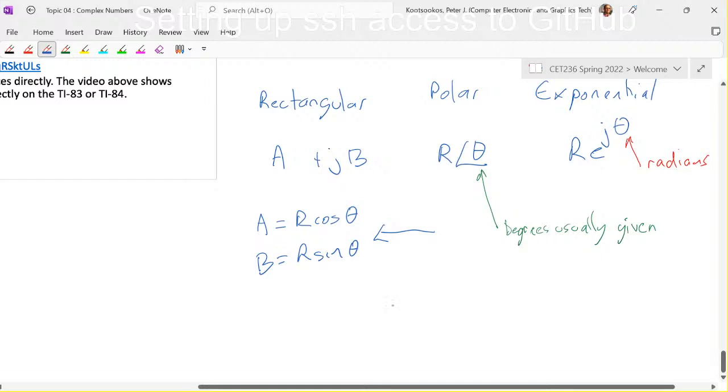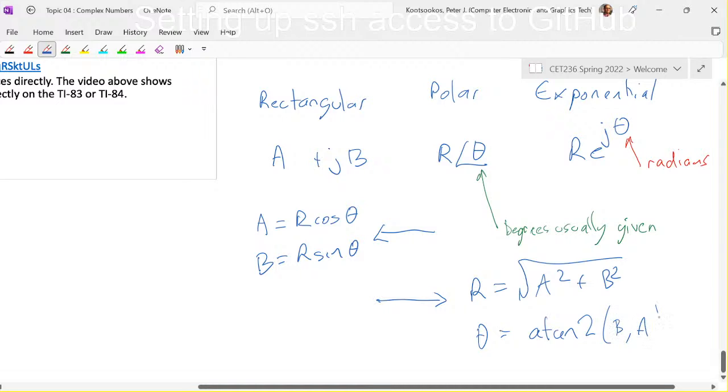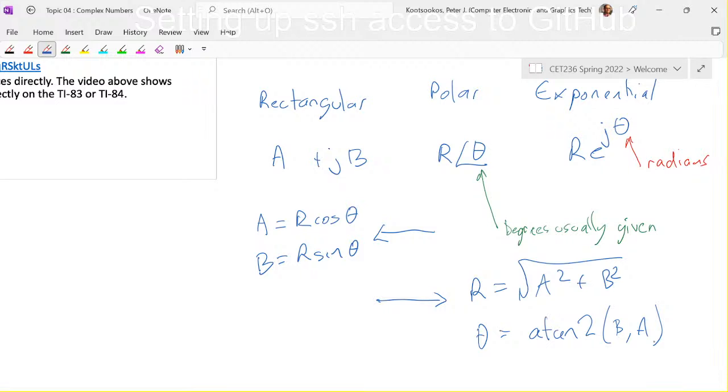And to convert the other way, we get that R equals the square root of A squared plus B squared, and theta, I'm going to write it down as atan2, the MATLAB thing, just to remind you that if you need it to be 4-quadrant, then it's got to be a 2-parameter method.